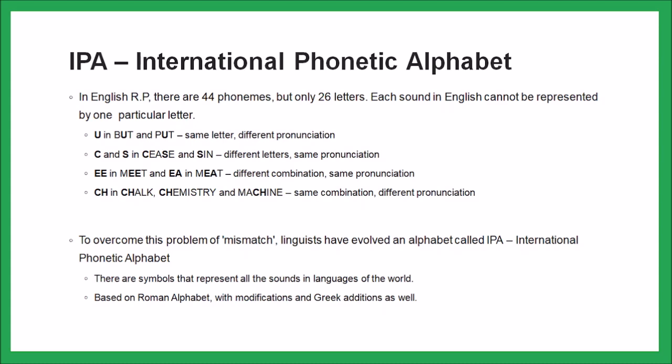The symbols of IPA can be used to represent all the sounds in languages of the world. The script of IPA is based on the Roman alphabet with modifications and Greek additions as well. So the symbols or letters used to represent the IPA are basically Roman with some additions of Greek alphabets as well.